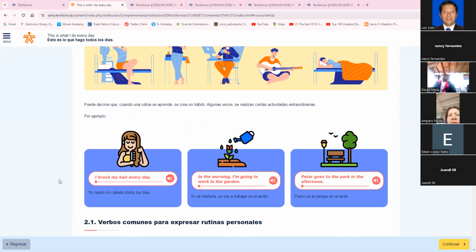What is what you do every single day of your life? That's a routine. So, I brush my hair every day. Acá está en español, yo solo se lo voy a leer en inglés. Ustedes lo pueden leer abajo en español si lo desean. I brush my hair every day. In the morning, I'm going to work in the garden.